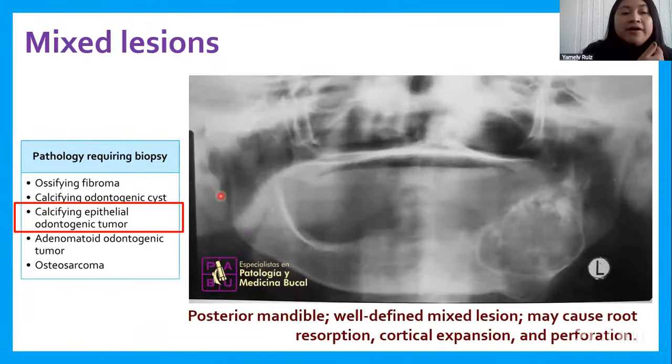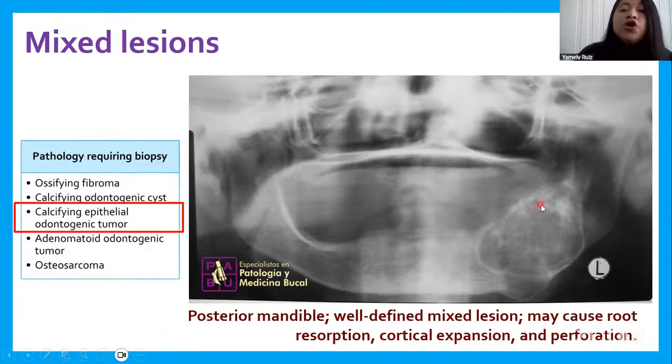The third one is the calcifying epithelial odontogenic tumor. In contrast with calcifying odontogenic cyst, calcifying epithelial odontogenic tumor, also known as Pindborg tumor, has aggressive behavior. This is a very important difference between the last one and this entity.